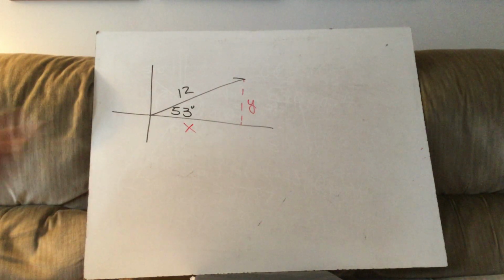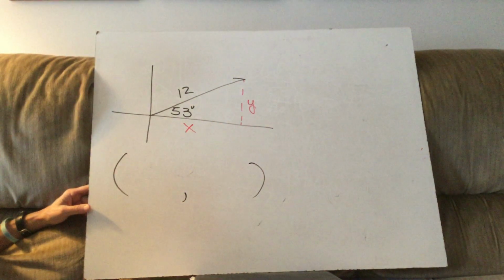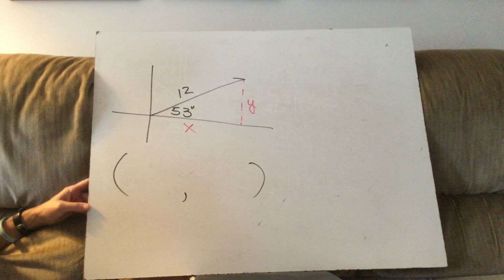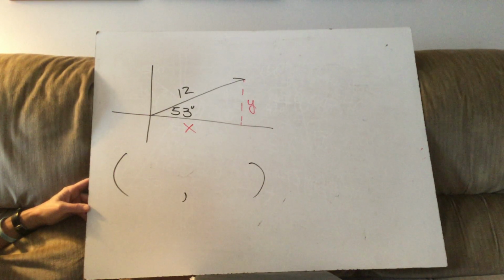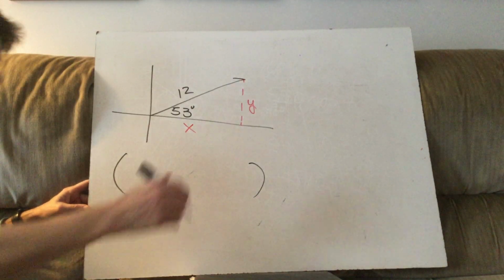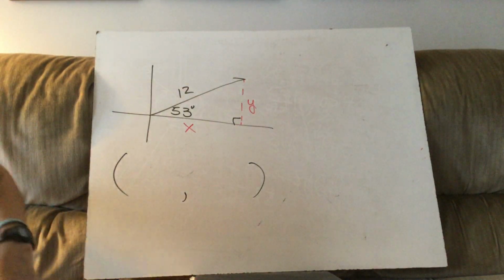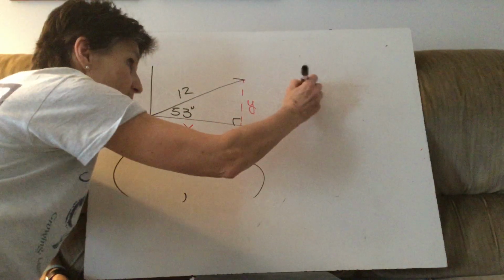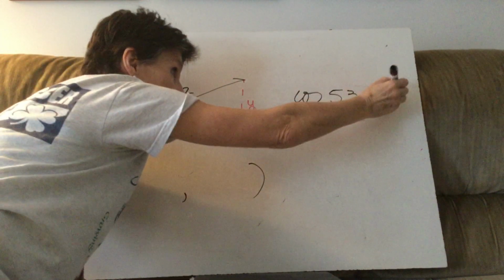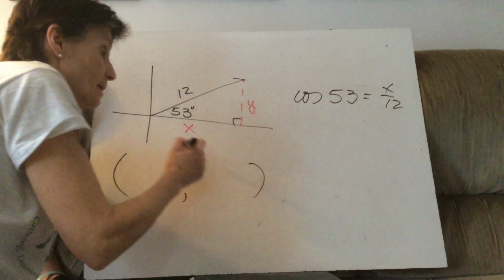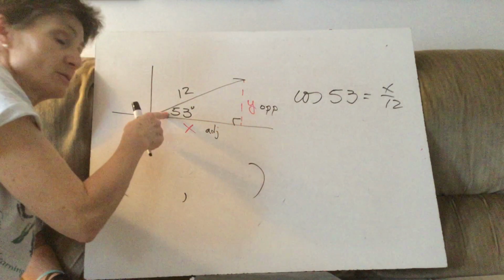So this one, there's nothing tricky, there's nothing fancy. Won't x and y both be positive? So I don't even have to worry about negatives here. It's set up, ready to go. No confusion at all. So remember, to find our x and y, we use straight Sohcahtoa. So cosine 53 equals x over 12. X is always adjacent, y is always opposite, because the angle is always at the origin.